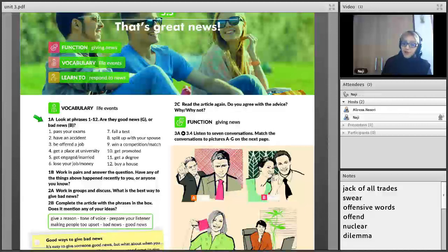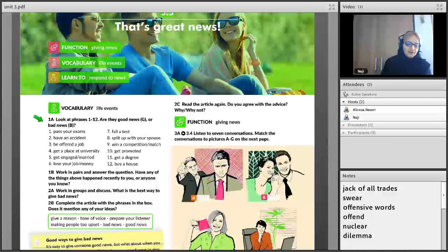Be offered a job. Very good news. Get a place at a university. Definitely a piece of good news. Get engaged or married. It depends on your idea, but generally we can say it's a piece of good news.